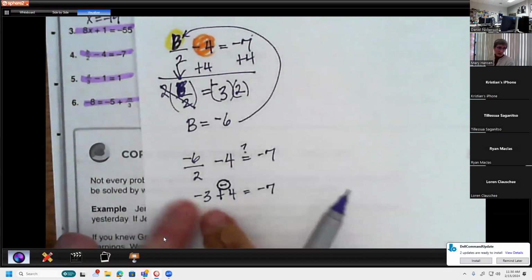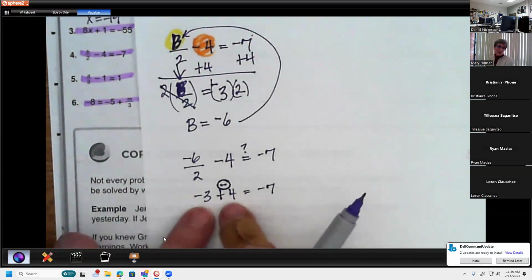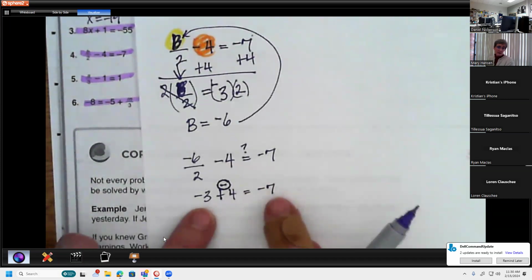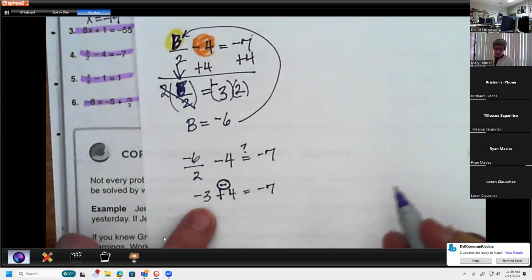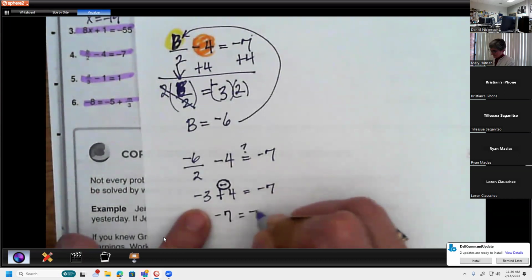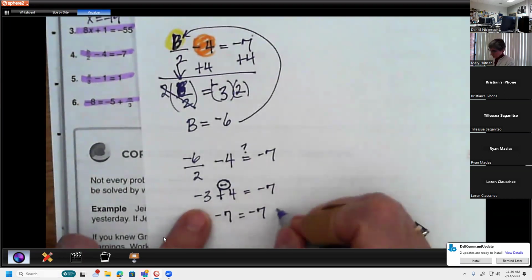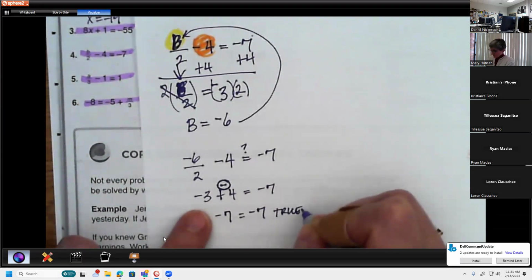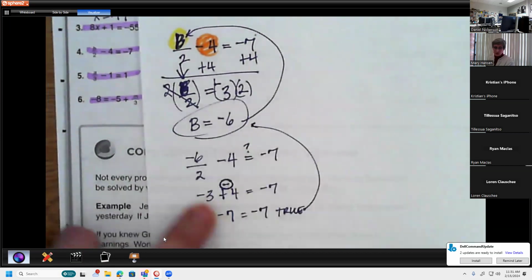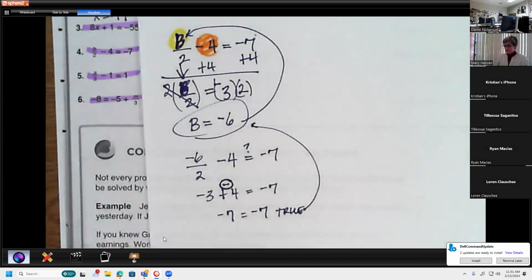Change the 4 to a negative. -3 plus -4 just makes more negatives. It makes 7 negatives. And so that's true. And so that means that this answer should be a good answer. Okay.